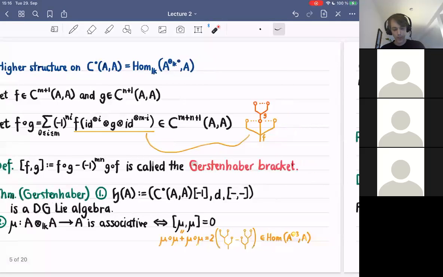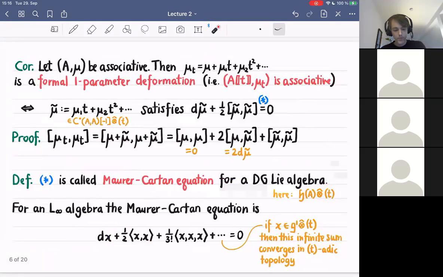Okay, so now let's look at formal one-parameter deformations. If you have an associative algebra A, then you can try to extend or add on higher terms, possibly infinitely many, to make the formal thing an associative deformation.